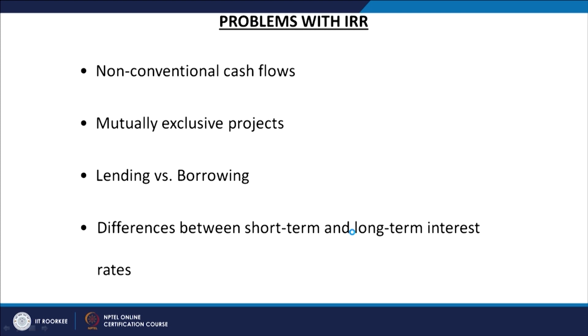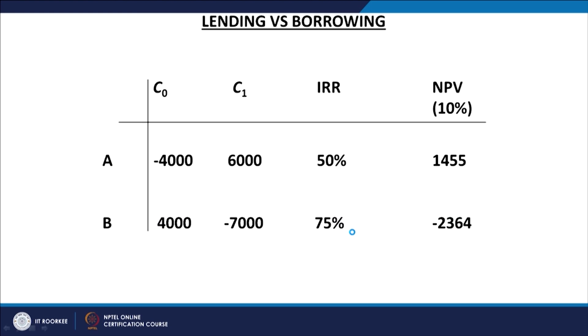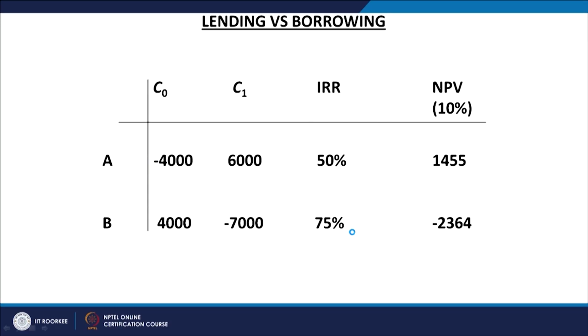And the next thing is lending and borrowing. Now look at this situation. In this project we are investing 400,000 and the internal rate of return available is 50%. Here we are borrowing the same amount, 400,000, and the internal rate of return is 75%.